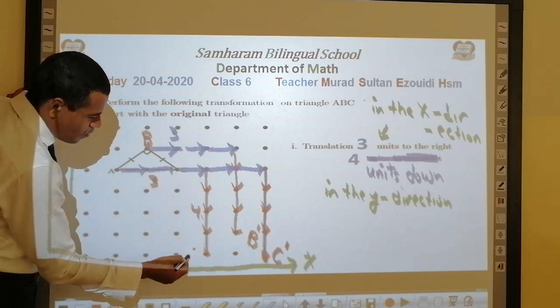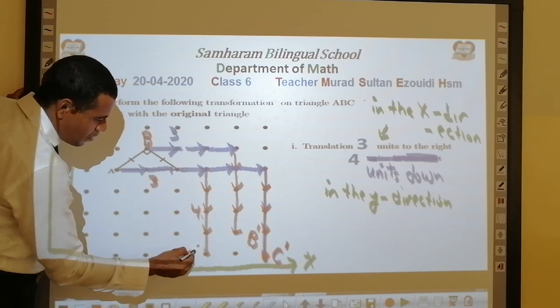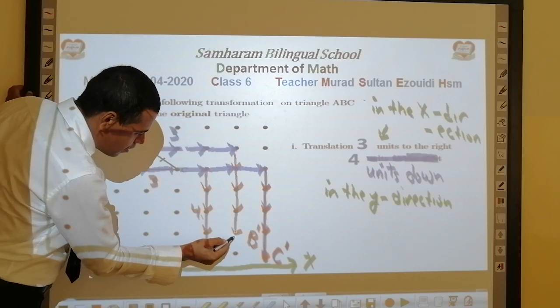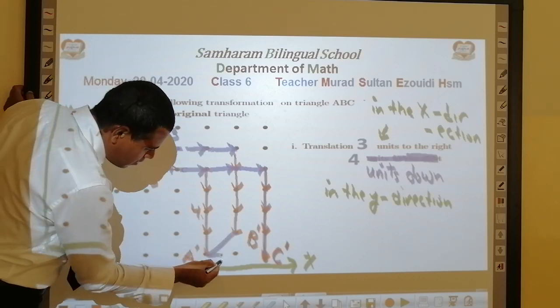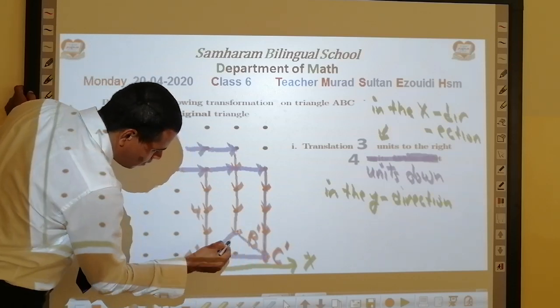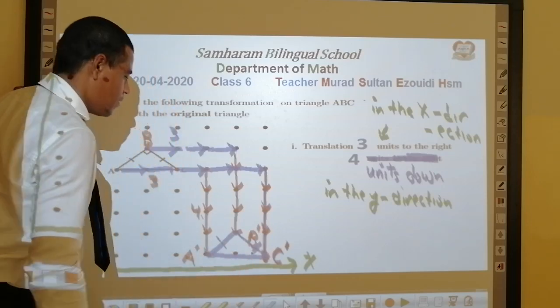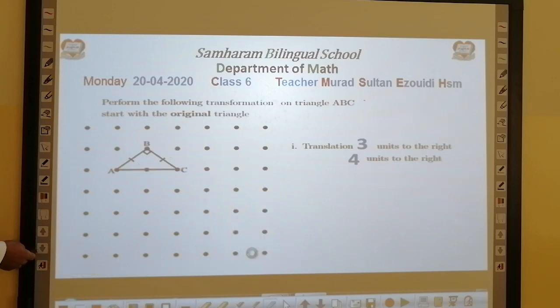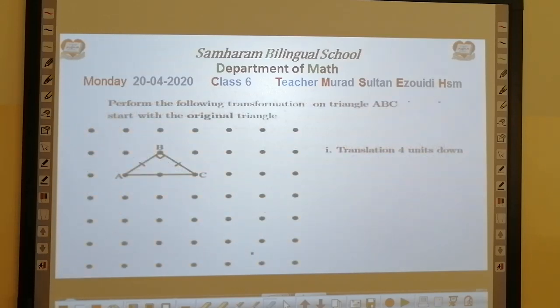So this is the point A prime. Now I can draw the image. This is the image of this one. So this triangle is the image of that. Okay. The next: now perform the following transformation on triangle ABC.